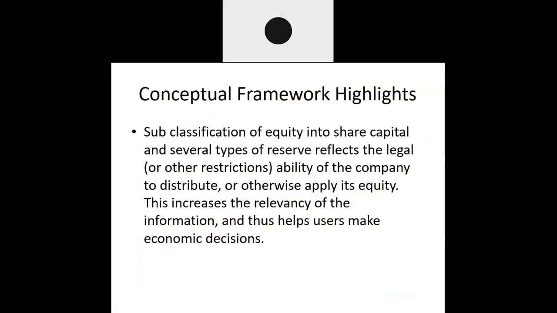So when you show this sub-classification of equity, when you present each of the components of the equity, it will show the ability of the company to distribute their equity to the shareholders, or how they apply their equity. So this will help the users to make better economic decisions because you will provide more relevant information to them.